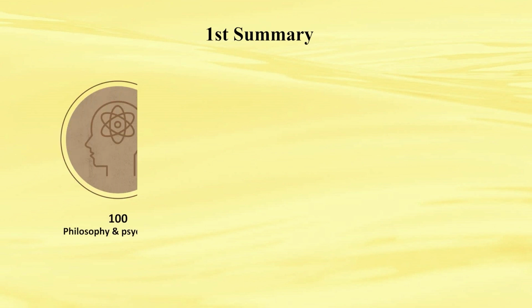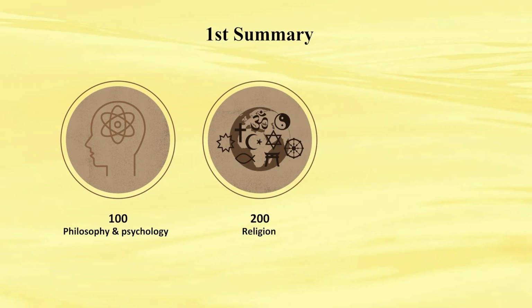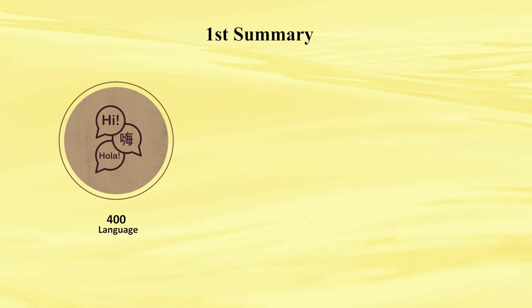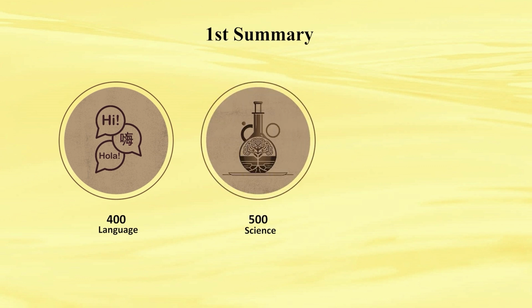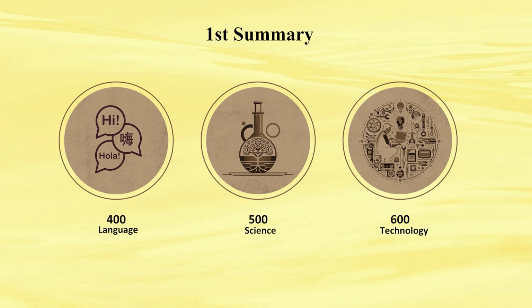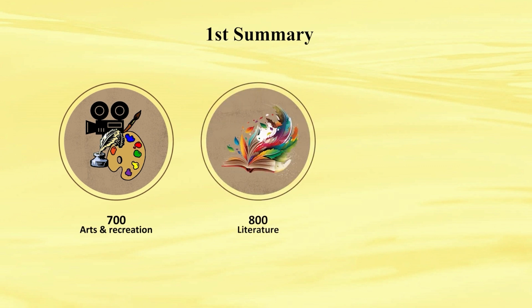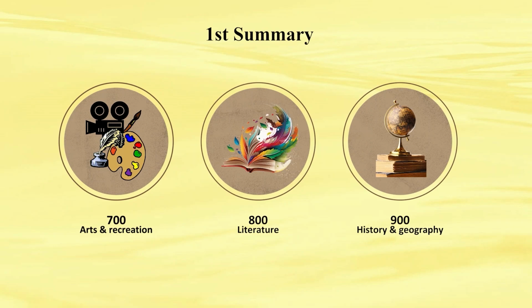The first one is 100, that is philosophy and psychology. 200 is for religion. 300 for social sciences, whereas 400 language, 500 and 600 are science and technology respectively. 700 is arts and recreation. 800 literature, and 900 is for geography. And the classes not included from 100 to 900 come within 000. You can clearly understand it.